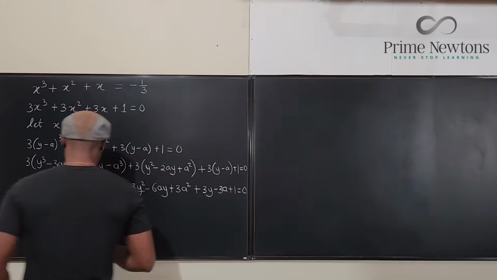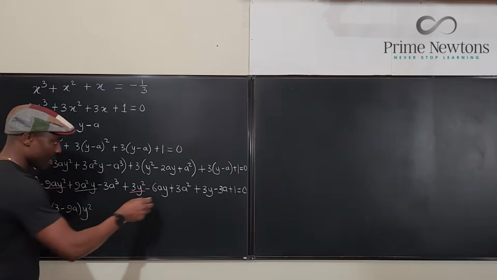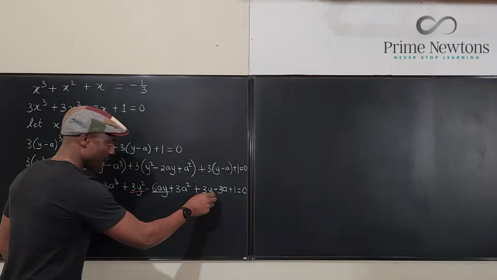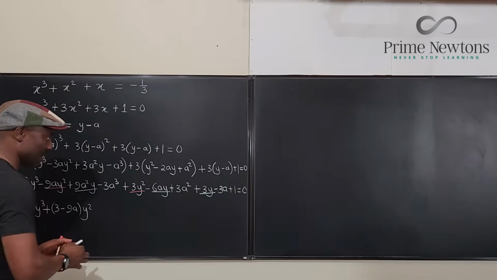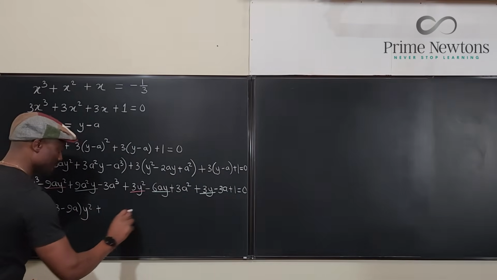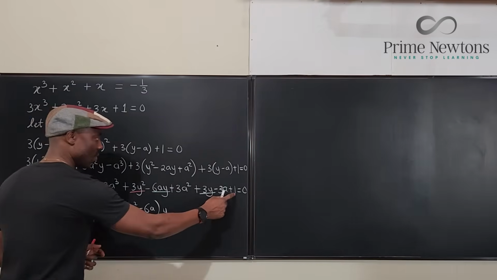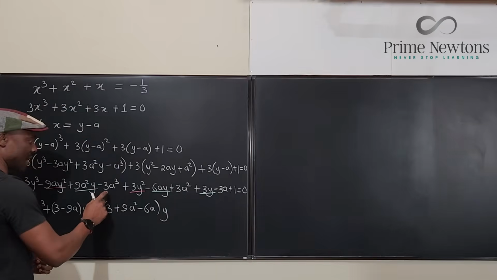The terms that contain y will be this term and this term. If you put them together, let's put the positive one first. So it's going to be plus 3y, and then the terms that are constant will be 1 minus 3a minus 3a cubed.